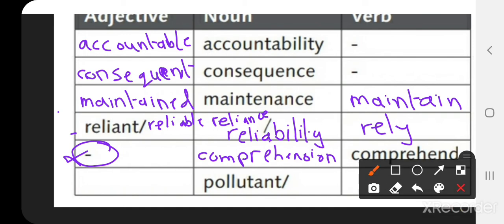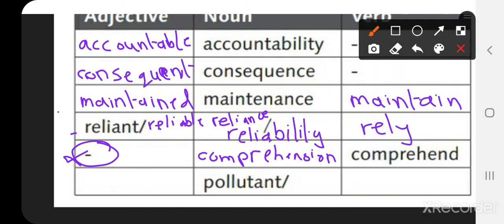The last one is what? I have pollutant. And here I need an adjective and a verb. And there's also another noun. Let's start with the noun first. What is the other noun of it? It's pollution. What about the verb? It's pollute.